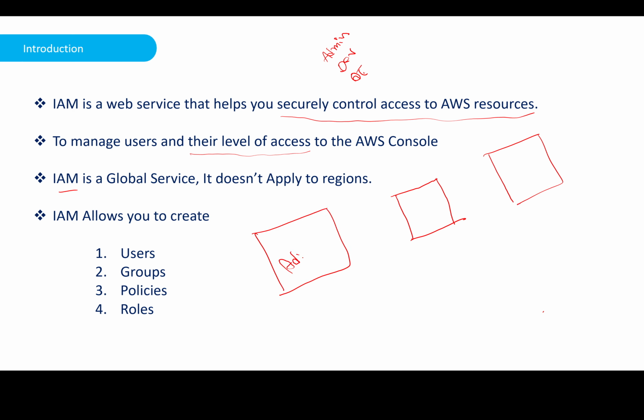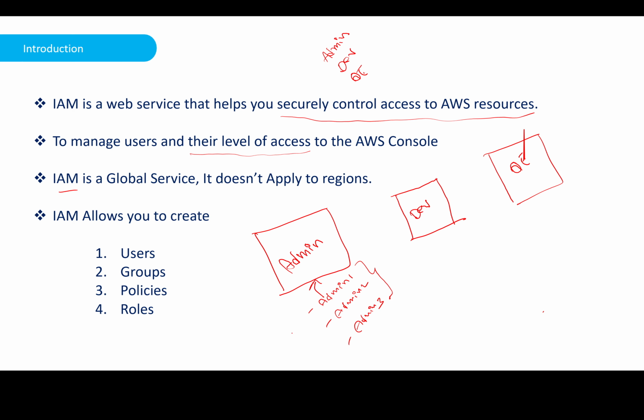Let us say this is a group for admins, this is a group for developers, and this is a group for QE. Whenever I create users, let us say admin 1, admin 2, admin 3, and so on, I will add these users into the group. Why? Because managing these users with the help of a group is easier.